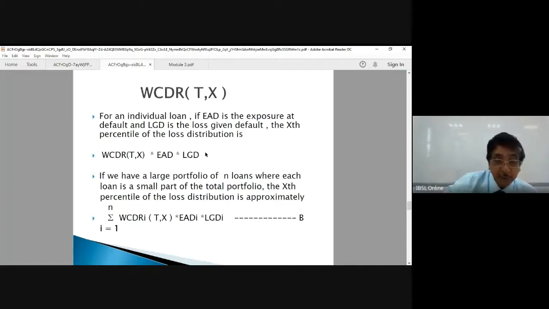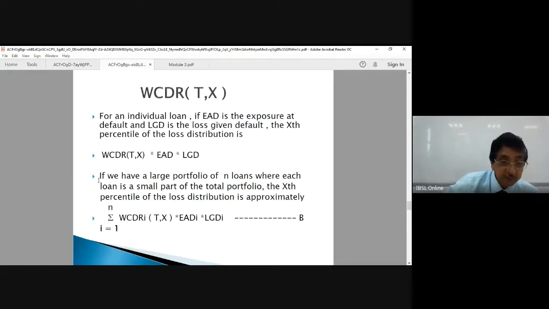We have to add up all the expected losses together, and you will get the expected loss of the portfolio. But in the case of unexpected losses, that thing you can't do.